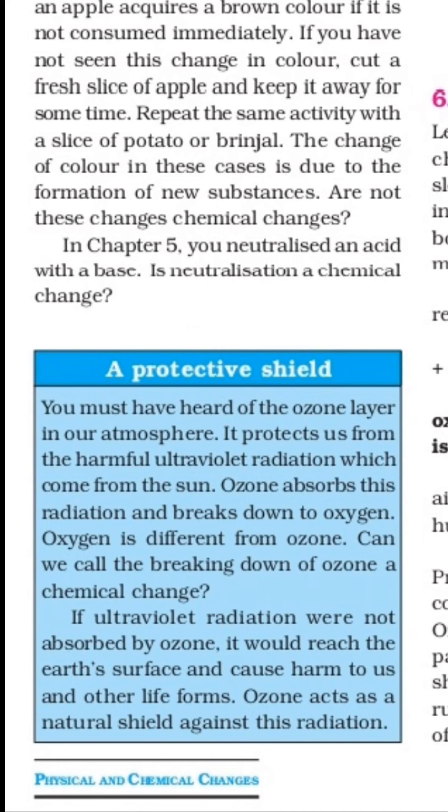It also contributes to skin cancer. That's why I already told you that ozone is the most important layer present in the atmosphere, and in this way ozone acts as a natural shield against the radiation.